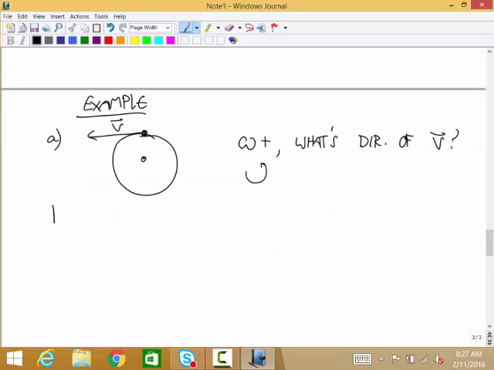Okay, and now let's say we're looking at this point, and let's say that omega is negative. What's the direction of the velocity vector?